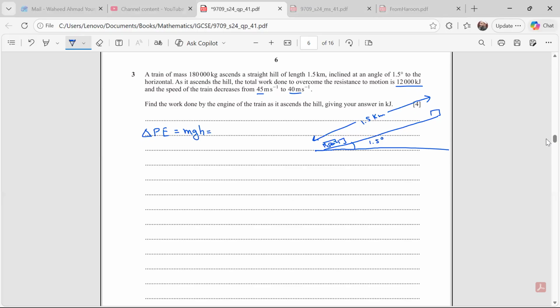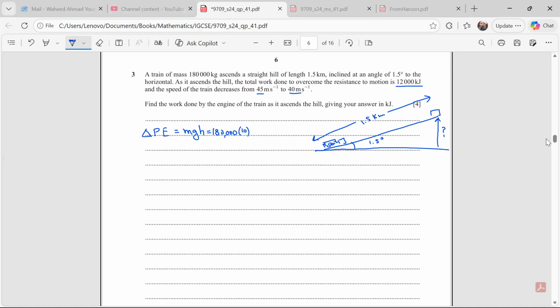We know the mass is 180,000 kilograms. The g we have been using is 10 meters per second squared, and h would be this height, right? How much height it has acquired.